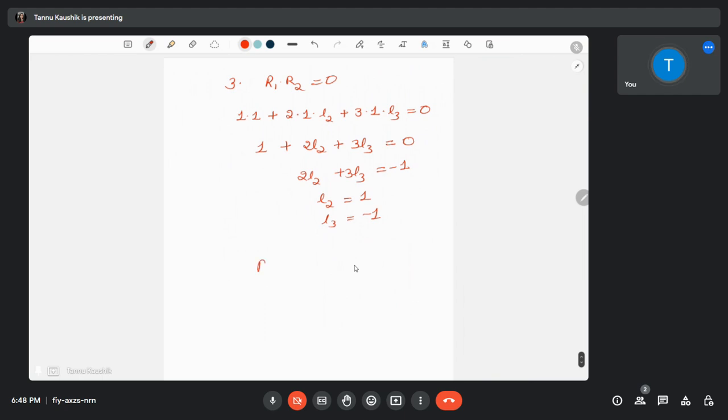Similarly, if you apply for R1 into R3 equal to 0.